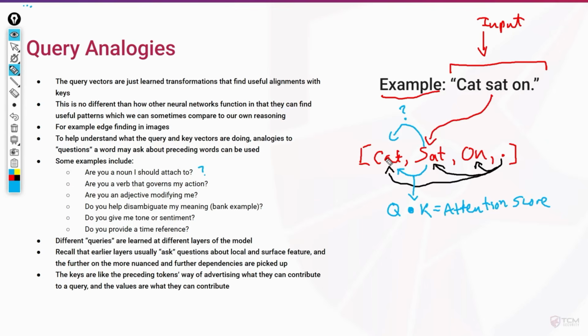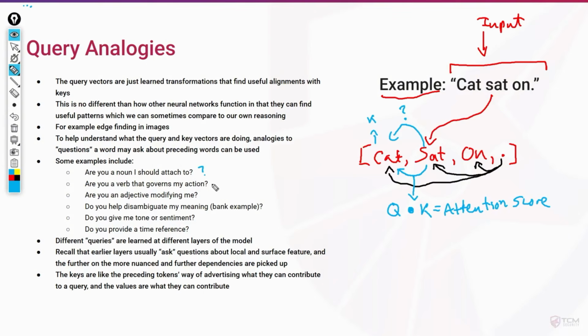And then cat would answer that. And again, I'm doing air quotes here because they're not speaking to each other. Remember, this is just vector math. But the key of cat is what would answer that question of the query, to say, yes, I am a noun that you very much should attach to, because I am what sat, right?